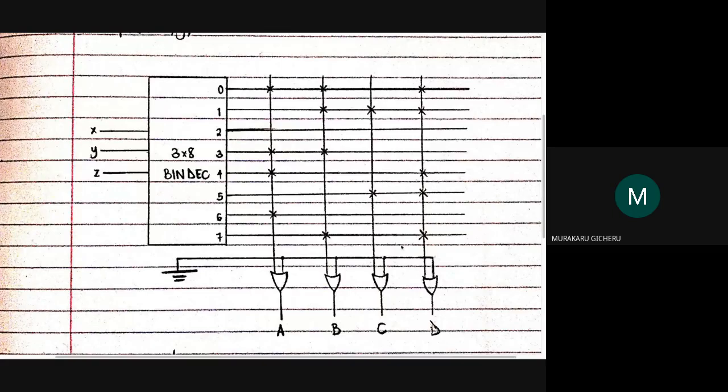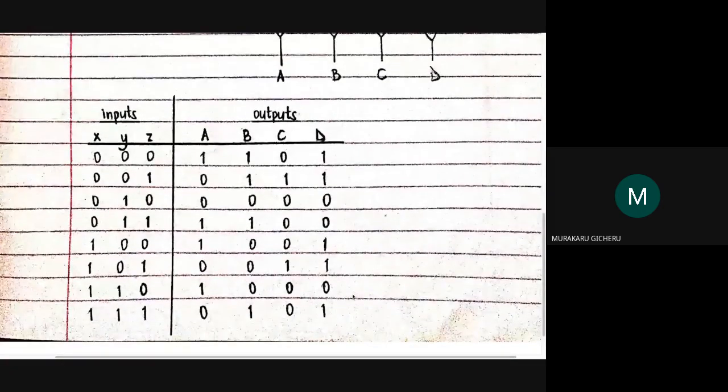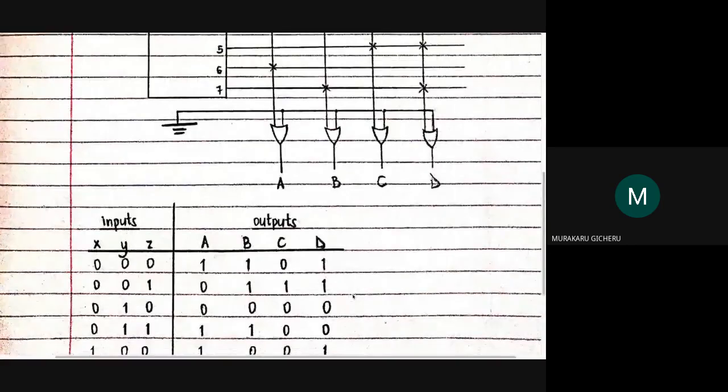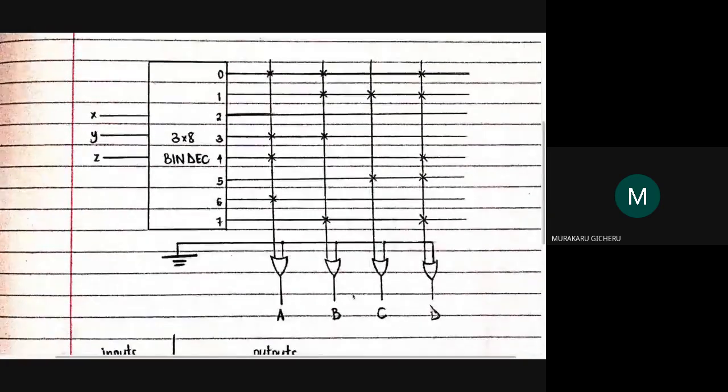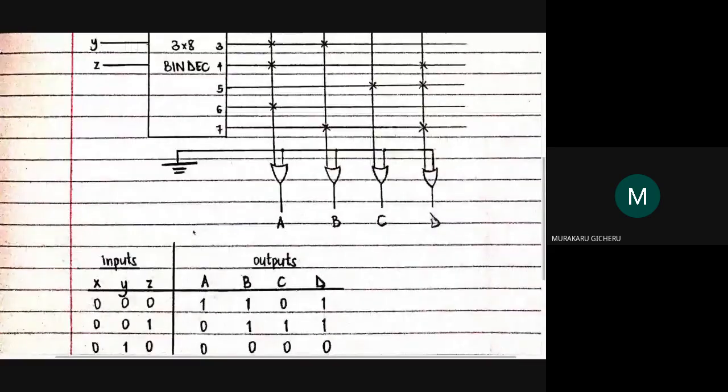And now eventually for our table, here we have our inputs, X, Y, and Z. And this mesh, this array over here, is what will be represented by our outputs. So we go down to the table. If you have X, Y, Z as 0, 0, 0, it's like giving the name of the address 0, because the min term of 0, 0, 0 is 0.